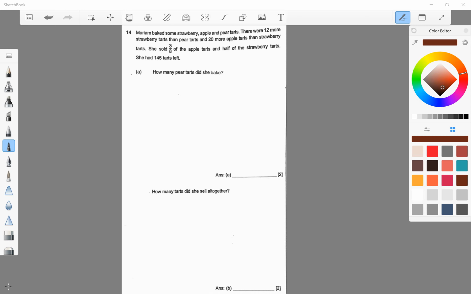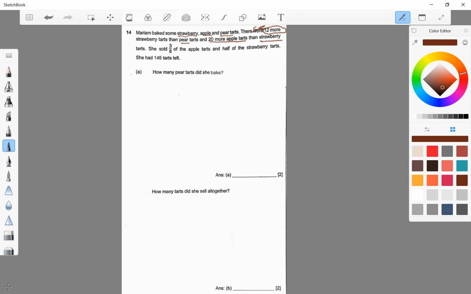So it is said that Mariam baked some strawberry, apple and pear tarts. So 3 kinds of tarts. Let me just do a quick annotation. And it's mentioned that there were 12 more strawberry tarts as compared to pear, and 20 more apple tarts compared to strawberry.